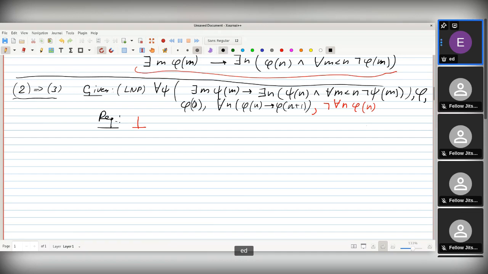I'm reasoning from the contrary. So it is enough to take this assumption to absurd, to lead it to a contradiction. Do you agree?